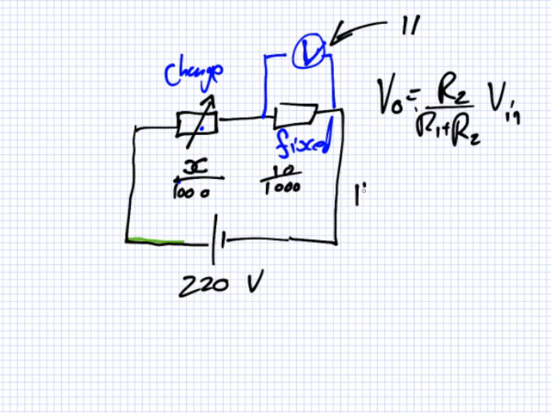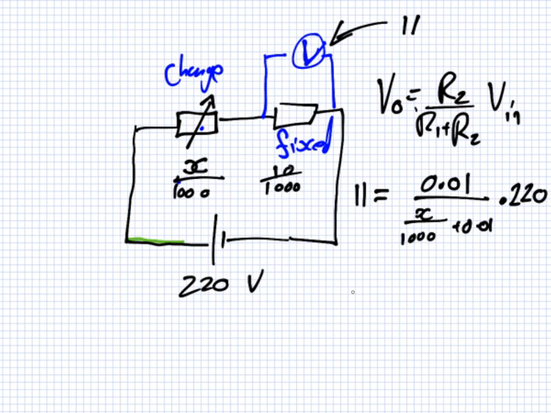I get 11 must equal 0.01 over X over 1,000 plus 0.01, times 220. I can multiply the top and bottom by 1,000 and I would get 10 over X plus 10 times 220.